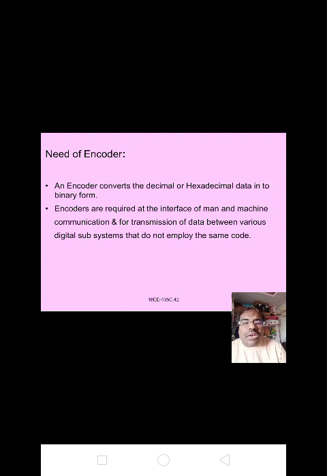Encoders are required at the interface of man and machine communication and for transmission of data between various digital subsystems that do not employ the same code. Okay, please make a note of this.